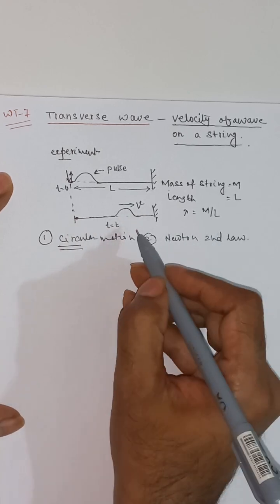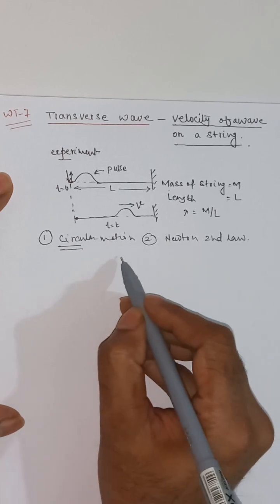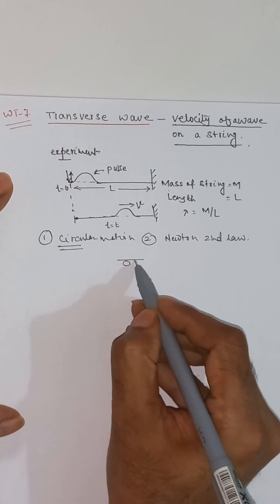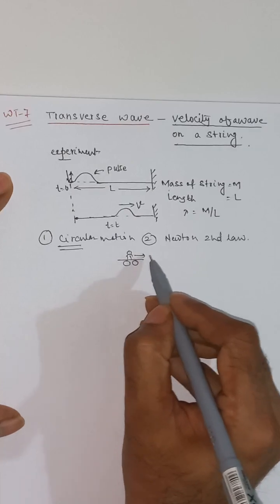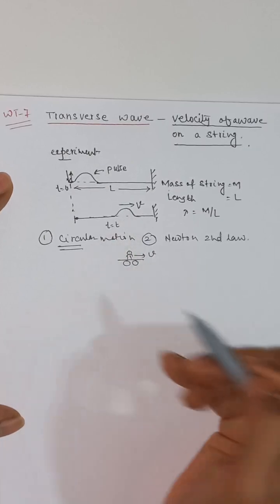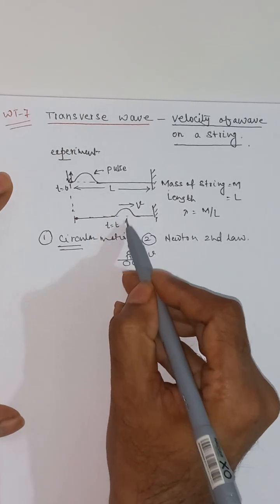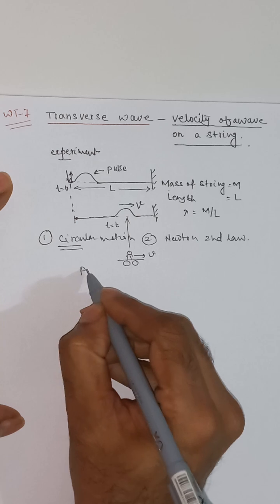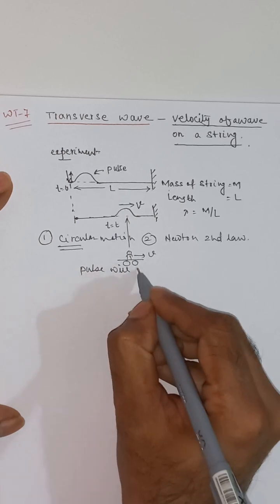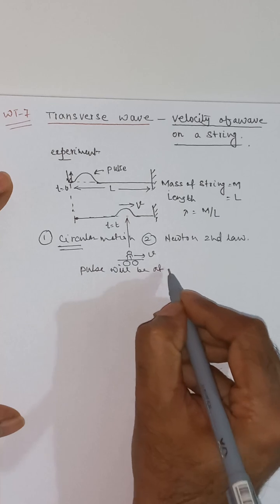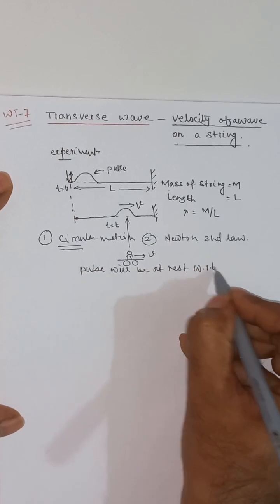Means if the observer is on a trolley and is moving with speed v, same as the wave speed, then this pulse will be at rest with respect to the observer.